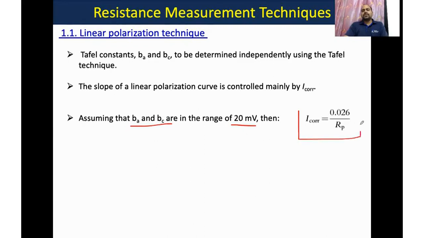Now move to the next technique, that is the galvanostatic technique. Here constant current steps are applied. In the first case, we were applying a continuously varying current and looking at the change in potential.